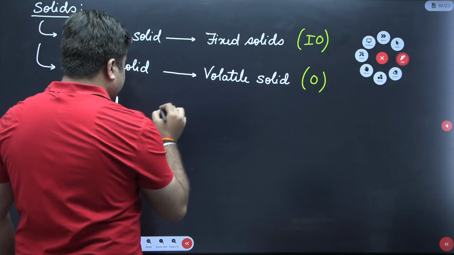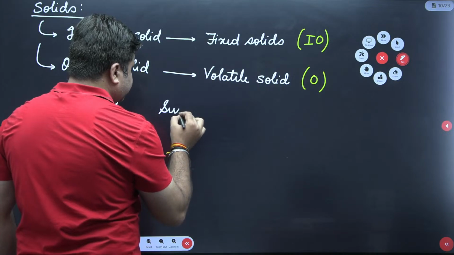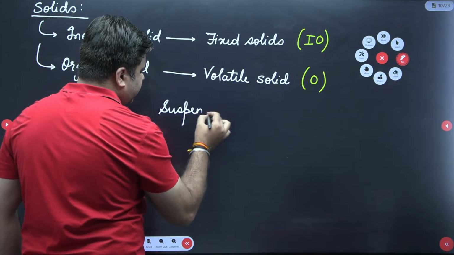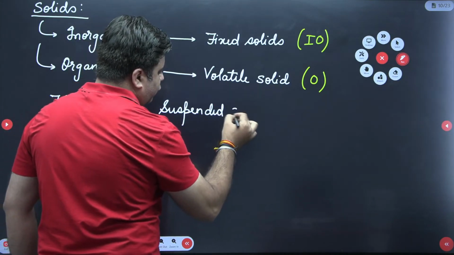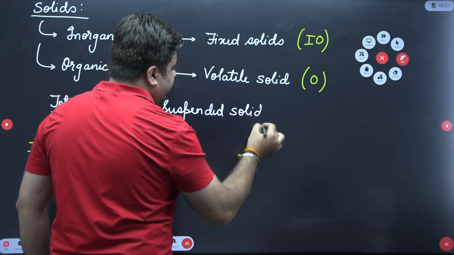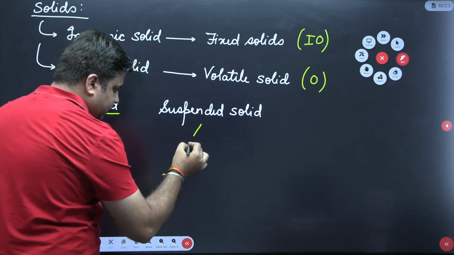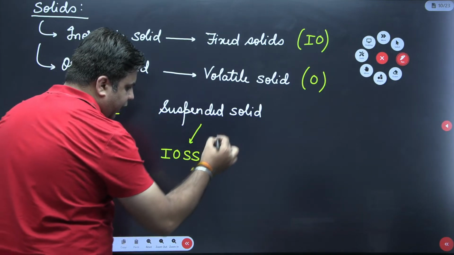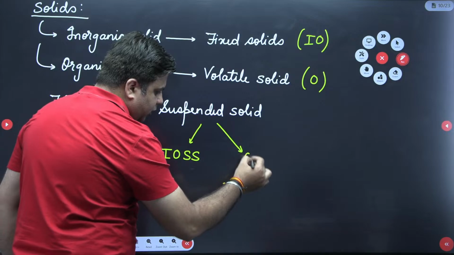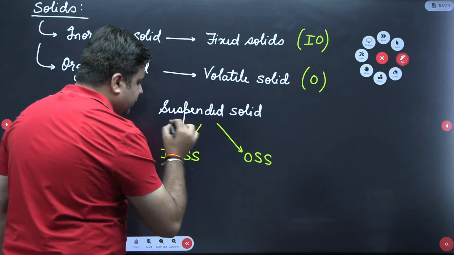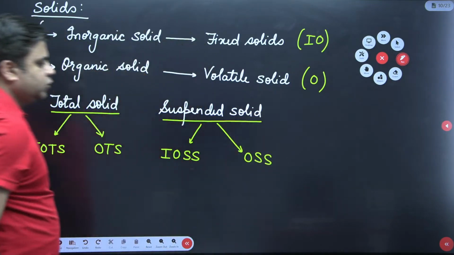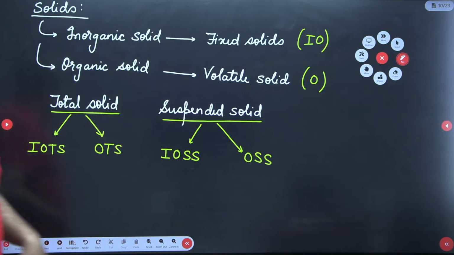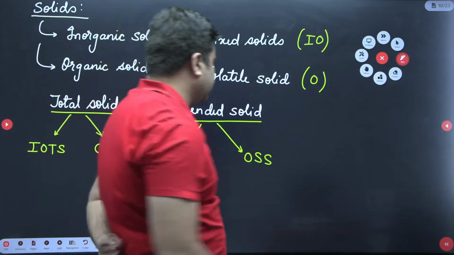Similarly, suspended solids are of two types: inorganic suspended solids and organic suspended solids.